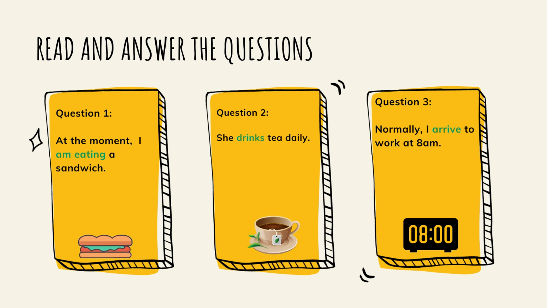Normally, I arrive to work at 8 a.m. Now, as an aside, it makes sense when you say she is drinking tea daily. And it also makes sense when you say I am arriving to work at 8 a.m. in certain circumstances.